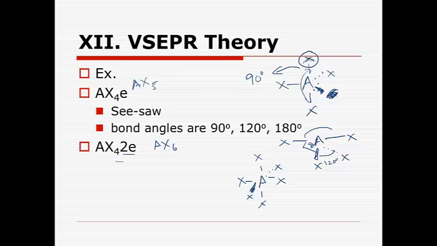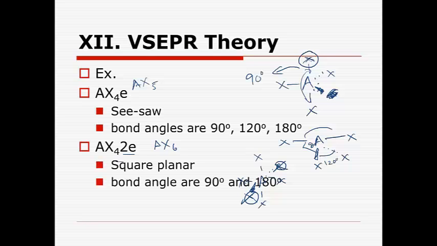Doesn't matter which you take off because every single one gives you the exact same shape if you take off one. So let's take off this one. Now, when you take off the second one, you want to take off one on the opposite side, so that one goes away. So basically what you're left with is a square. And your bond angles are going to be 90 and 180.